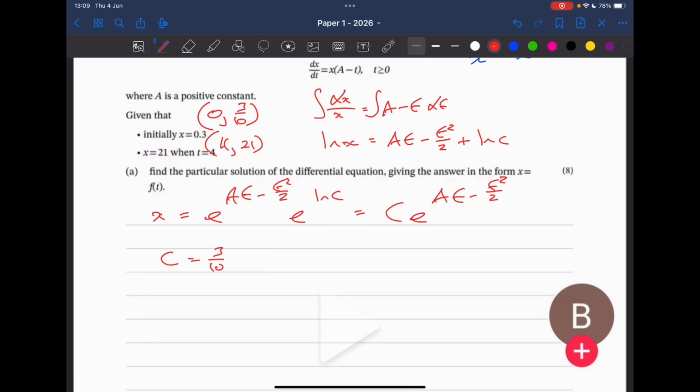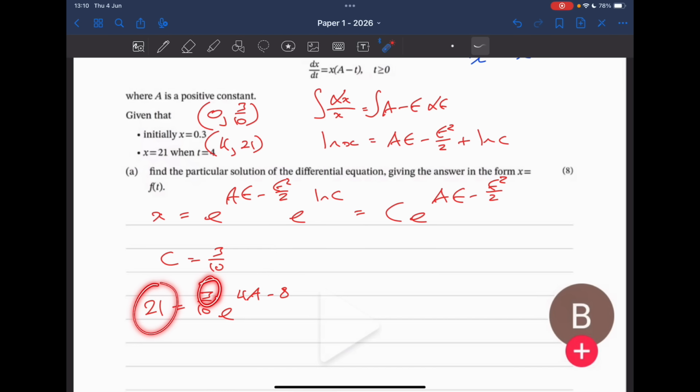Similar thing now for a, but it's not going to be as nice. So when we plug in the 4 and the 21, we're going to have 21 is equal to 3/10 e to the a, which is what we're trying to find, so it's 4a minus t squared, 16 divided by 2, 8. So let's rearrange this then.